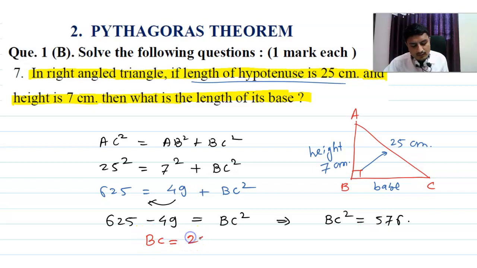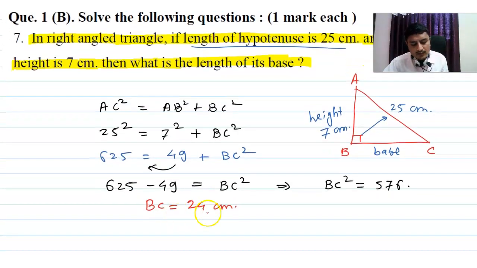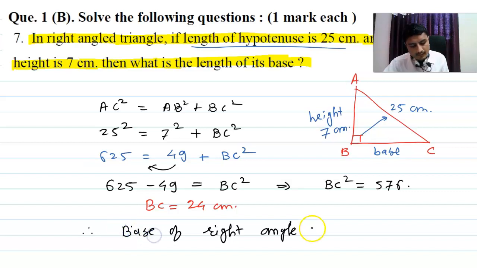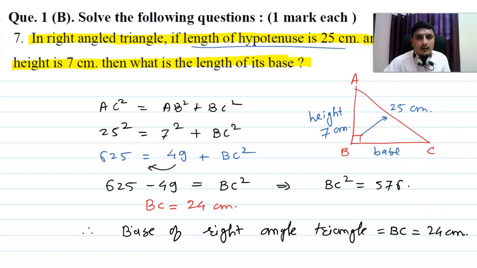So the value of BC is 24 centimeters. At last we write our answer: the base of the right angle triangle is BC, which equals 24 centimeters. Hence we have our answer.